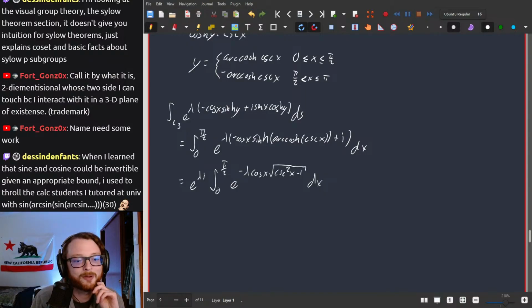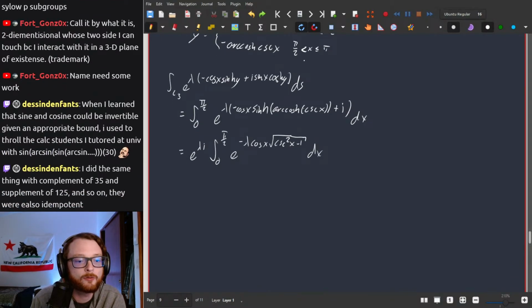Okay, we need to think about this function. At pi over 2, I'm pretty sure it is 0. Yes. And at 0, it's blowing up to infinity. We care about the area around, so this is e to a negative number.